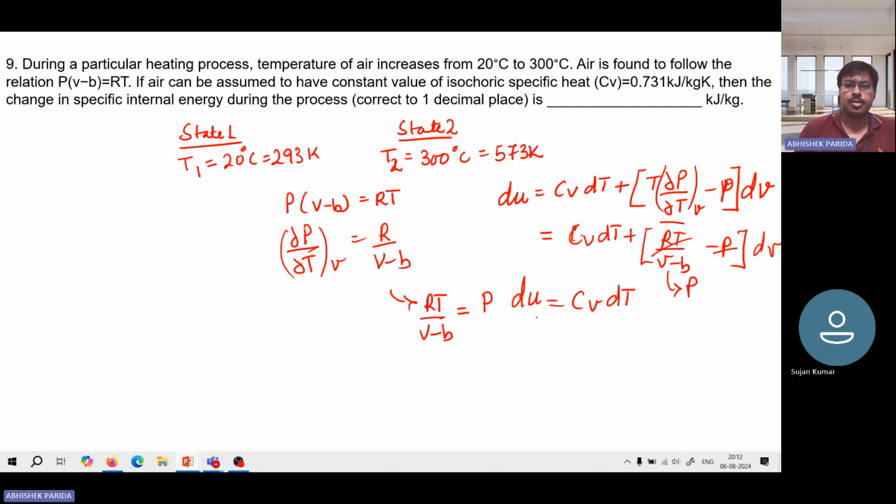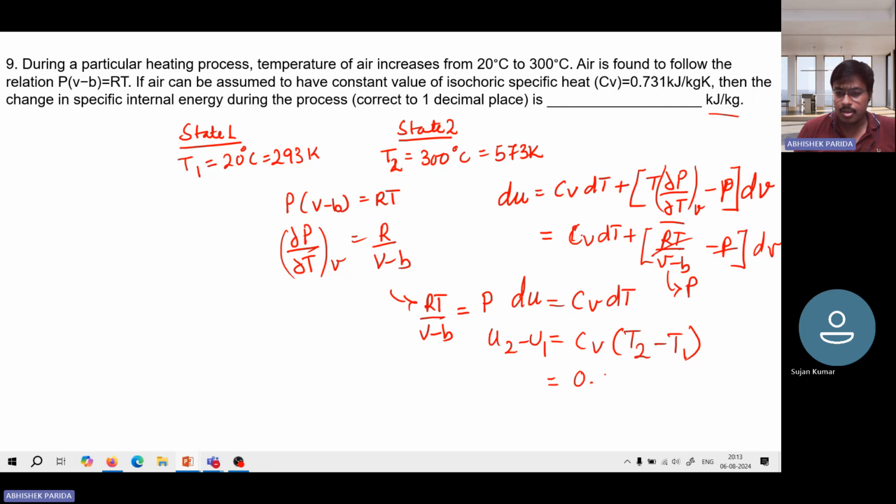For this case, where the relation is P(V−b) = RT, it is just C_v dT. So U2 minus U1 will be C_v into (T2 minus T1). C_v, how much is it given? It is asking in kilojoule per kg.